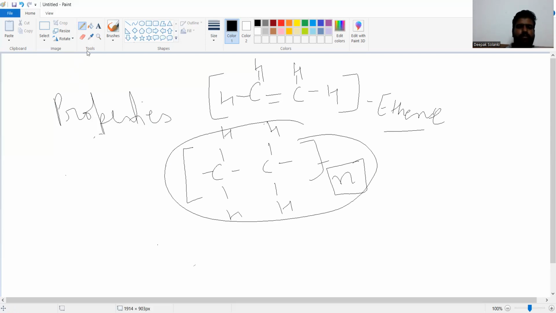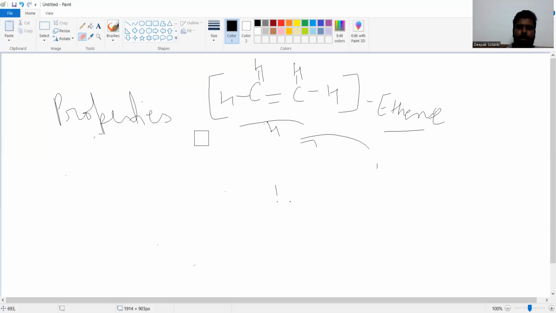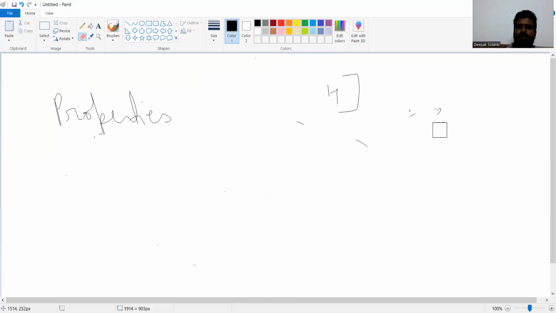Now the next property is known as isomerization. It is a very good and very important property of carbon. Now let's see the definition of isomerization. What are isomers first of all?